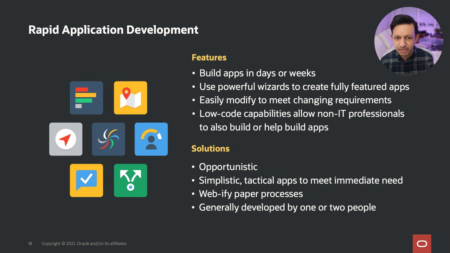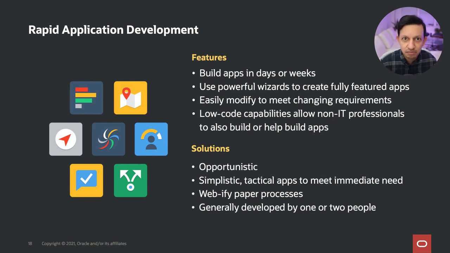Another very common use case is opportunistic application development, or rapid application development. This is when you need to build an application right away for a need that arose very recently. Many customers are struggling to get the most out of the data that they have.